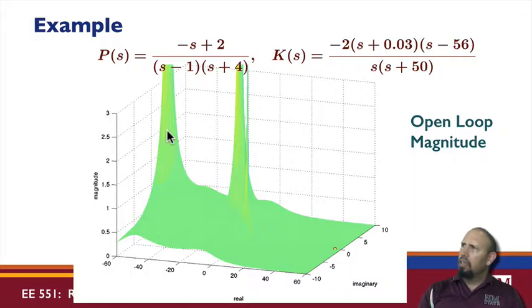Well, actually, let me take that back. I have a pole at the origin, and I have a pole at 1. So my open loop system has that. Sorry about that.